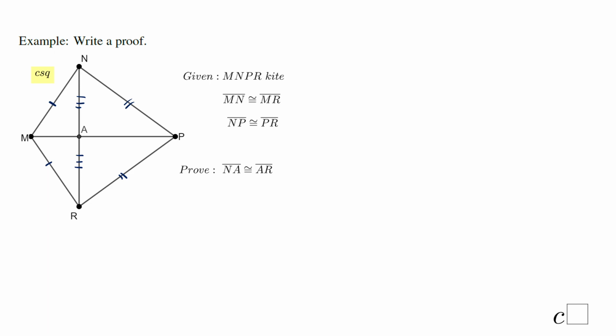If you remember, we're gonna prove that these two angles are congruent first, and then we can use the triangle. So one more time, it's gonna be pretty much the same thing. MN congruent with MR, that is given.